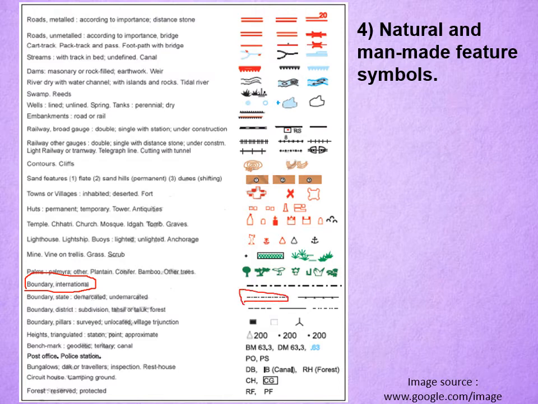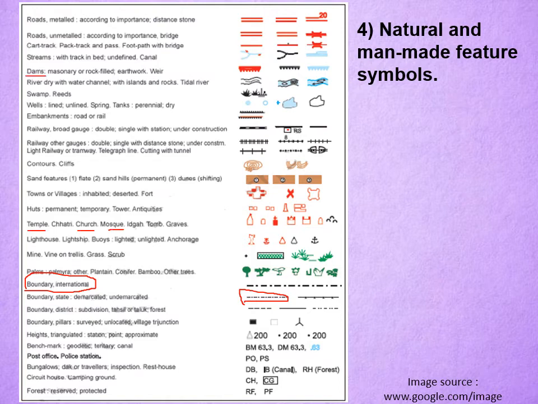So the same dotted line is given for indicating state boundaries, international boundaries or city boundaries, but different varieties of those dotted boundary lines are used. Likewise, different objects, as you can see: temple, church, mosque.